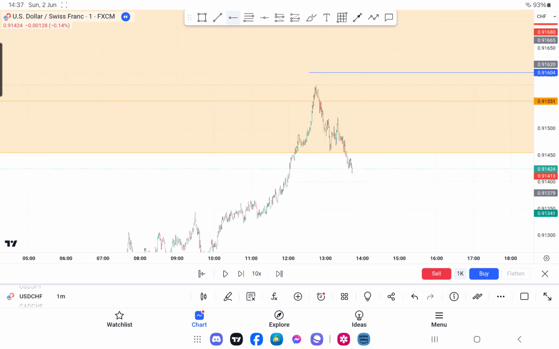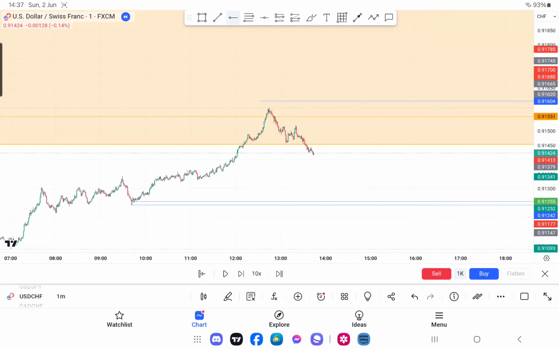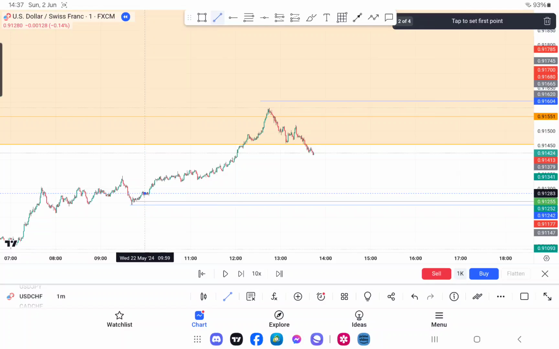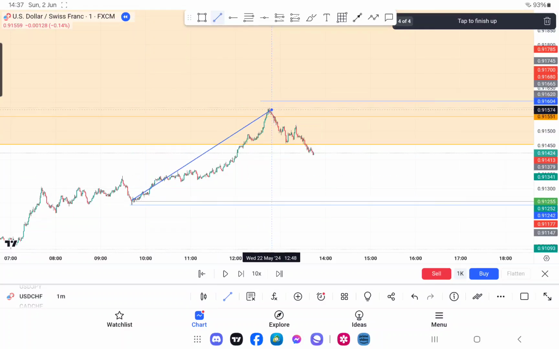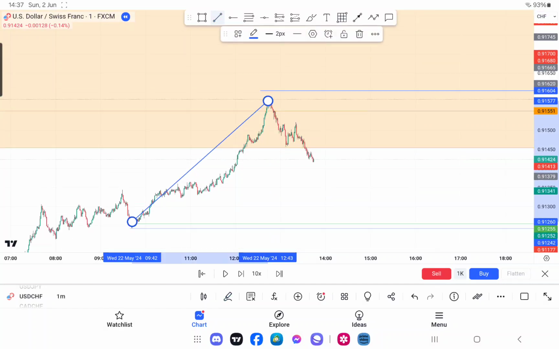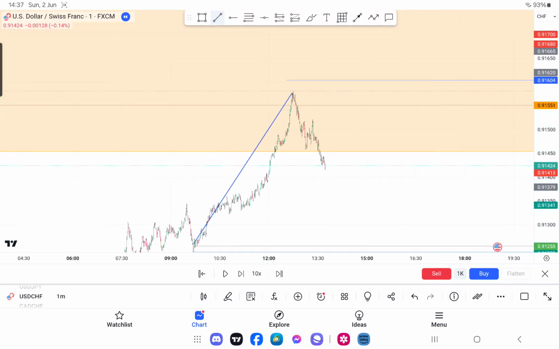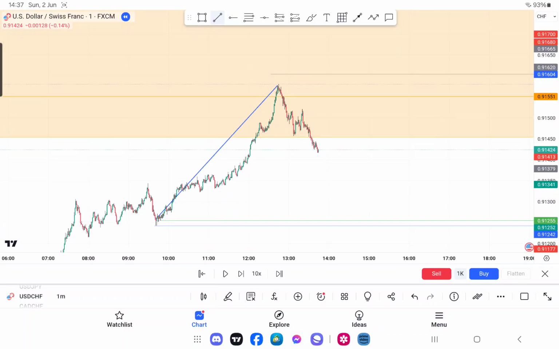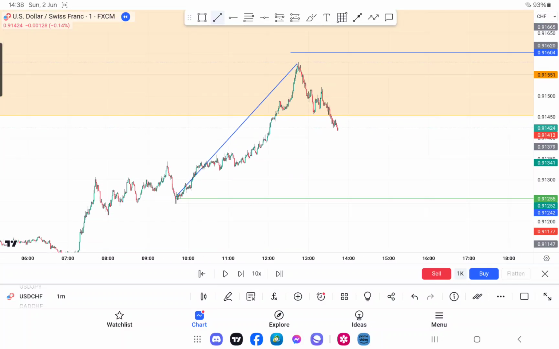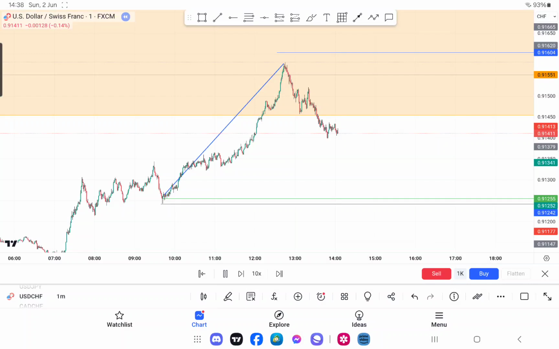So I've set an alert there, and it is pretty much a waiting game. So from anything between there and there, until that high or low's broken convincingly, that's the leg we're working with.